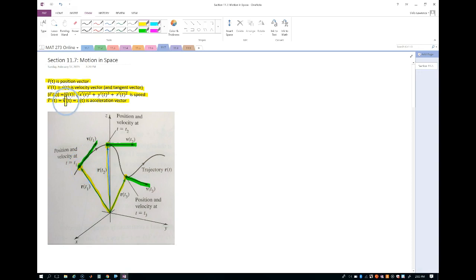Because it is the derivative of velocity, it tells us how velocity is changing. And since velocity has speed and direction, acceleration tells us how speed and direction are changing for our particle as it's moving along this path.